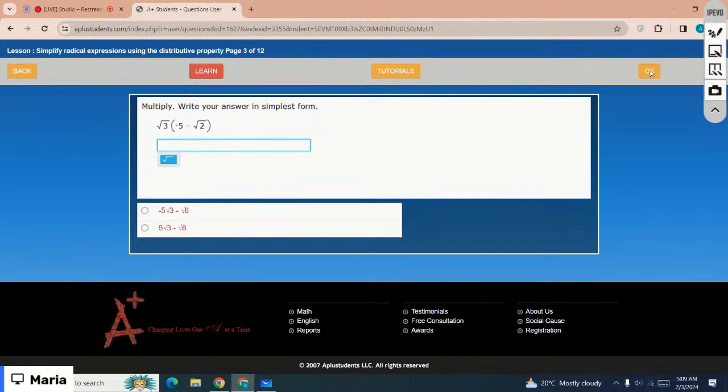The correct option is negative 5 square root 3 minus square root 6. Option number 1 is the correct option. Very good.